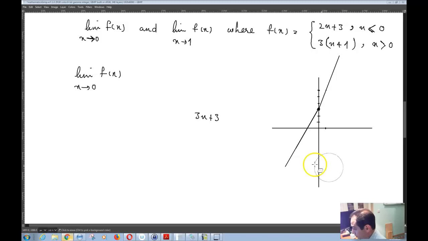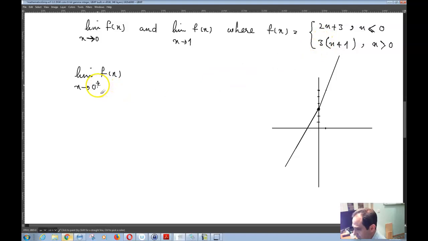And the problem here is that, basically, the limit of f of x when x tends to 0 from the right, for example, should be evaluated based on this function, because this is for x greater than 0.